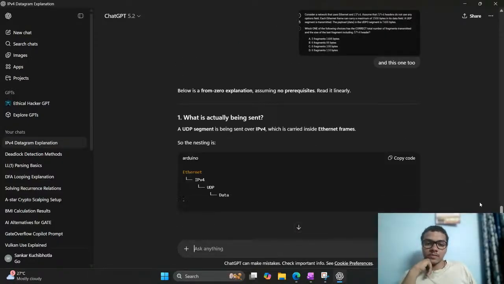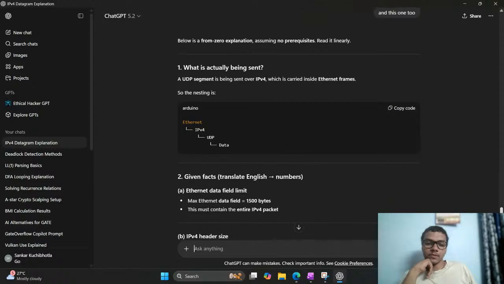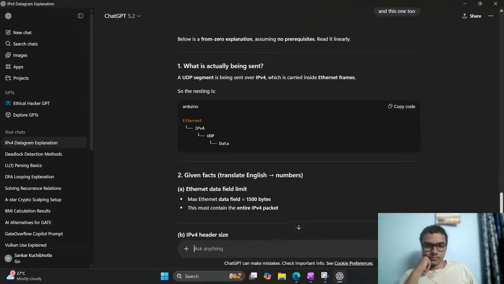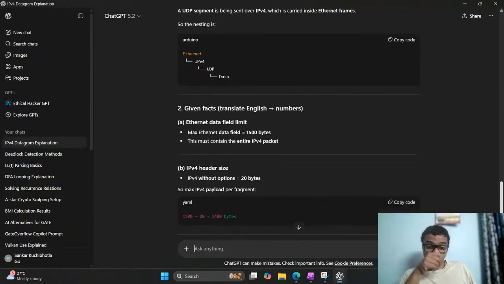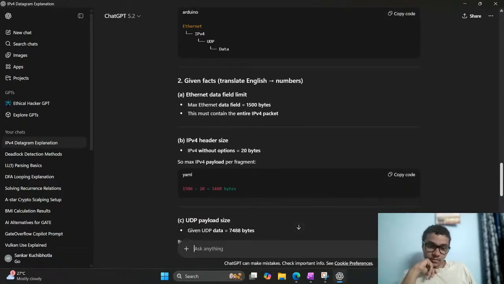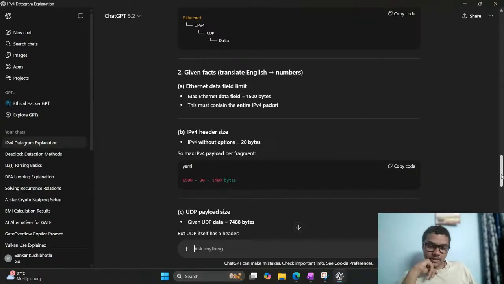Alright, a UDP segment is being sent over IPv4 inside Ethernet frames. Max Ethernet data field is 1500 bytes. This must contain the entire IPv4 packet.